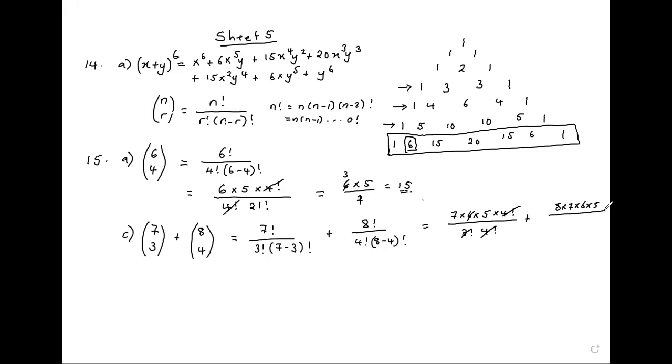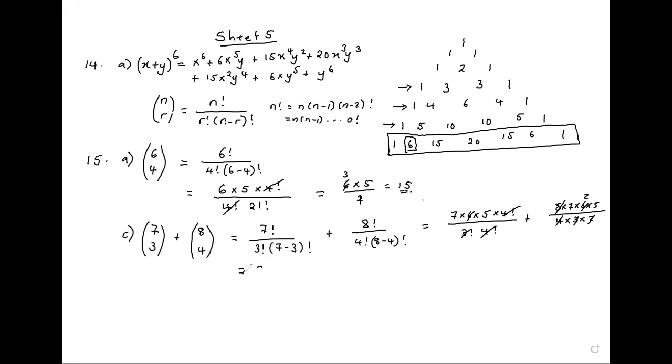Now, because there's no space, I won't write the 4 factorial down. I'll just write 4 by 3 by 2. So that here, the 4 and 2 will help me take away the 8. The 3 will reduce the 6 to 2.